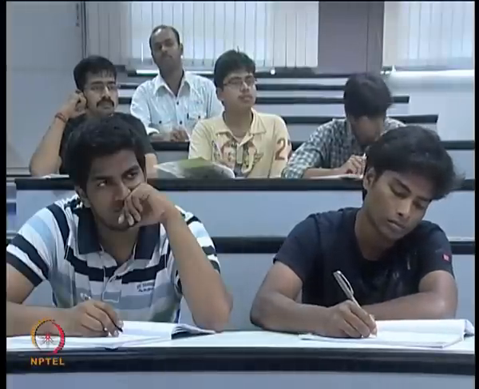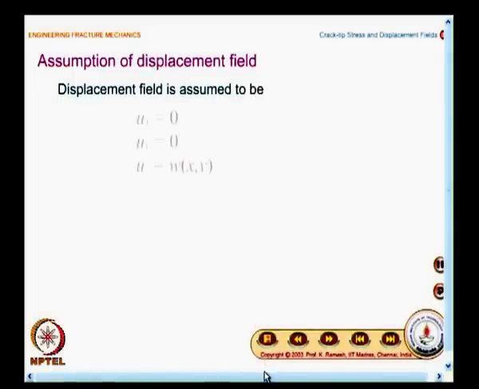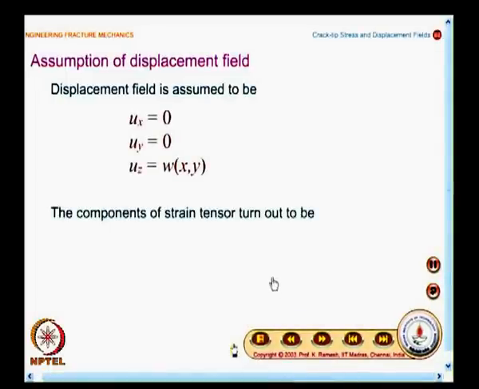You have to visualize it from that point of view, and this is shown as anti-plane shear in the diagram. For this case we would go for the displacement formulation. You first look at the displacements, and we have already said that u is a function of x, y, very similar to your problem of a rectangular shaft in torsion, where you have the warping function.